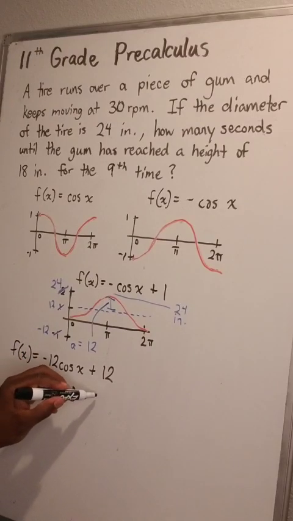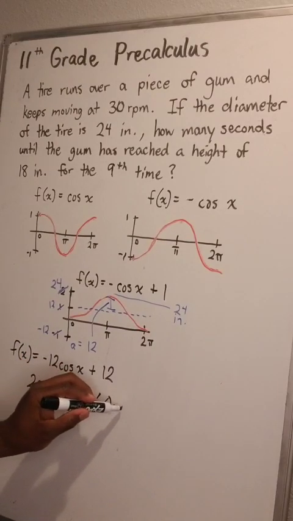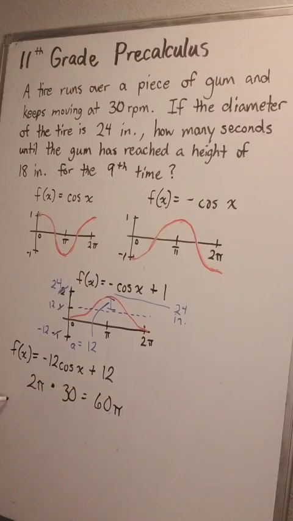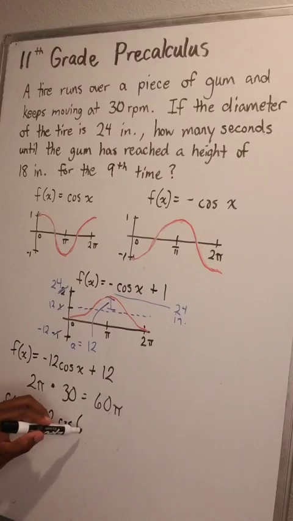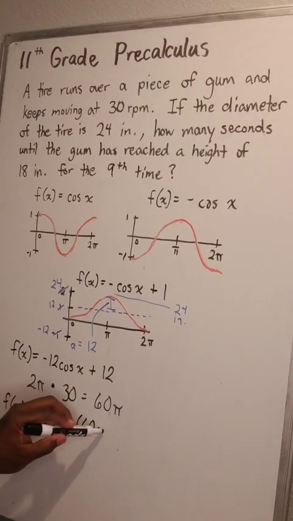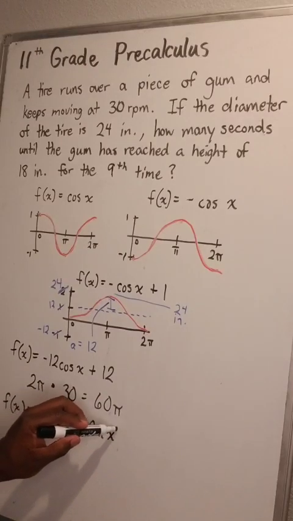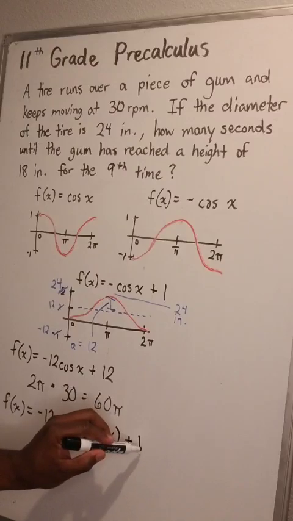And 2 pi times 30 is 60 pi. And so now we have our full function as it relates to this problem. -12 times cosine, and then in parentheses, 60 pi x, close the parentheses, plus 12.